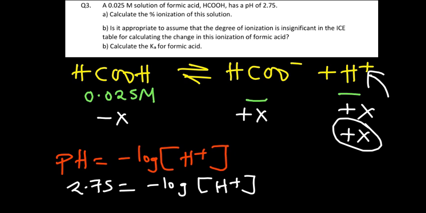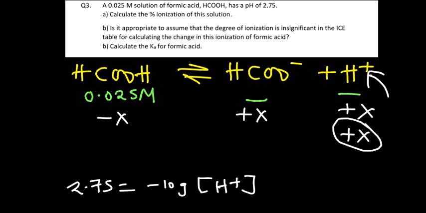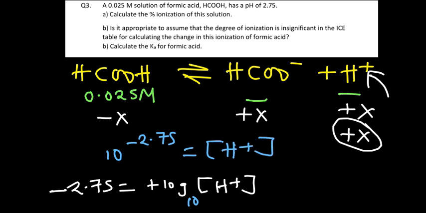Some of us who've done logs know what to do here. Divide both sides by a negative, so the negative goes on the other side. This log has a base of 10, so the 10 goes to the other side and it becomes 10 to the power negative 2.75.